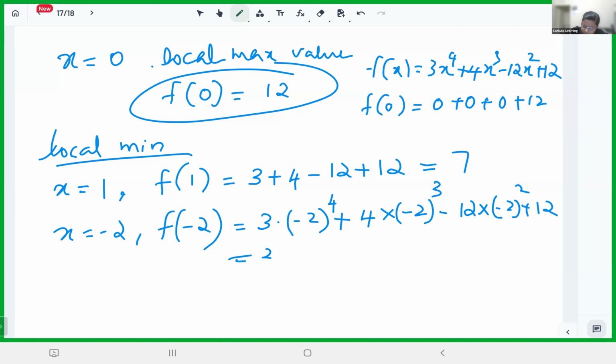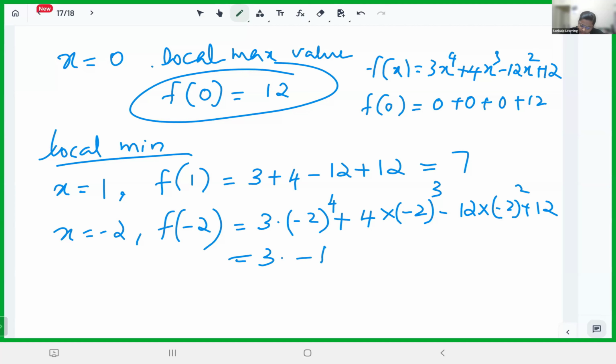Okay, so that is equal to 3 into minus 2 power 4, isn't it? So this will be 16, minus 16.